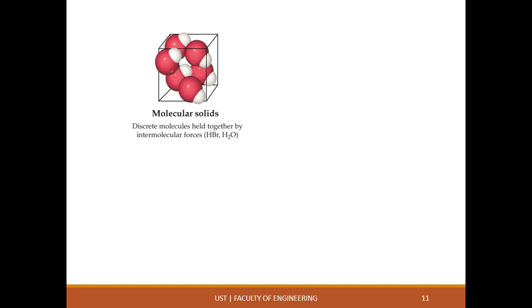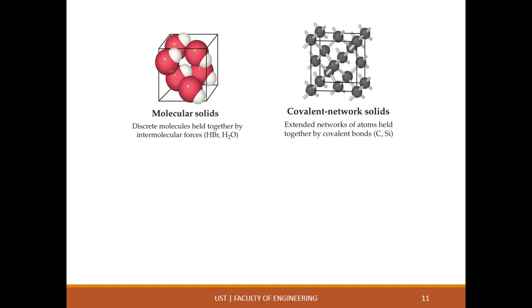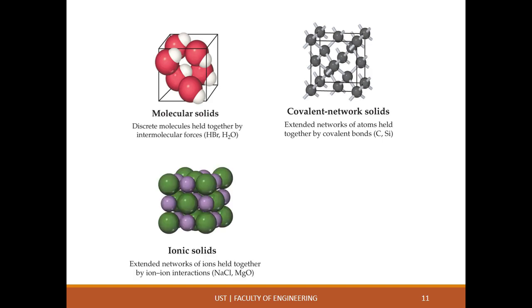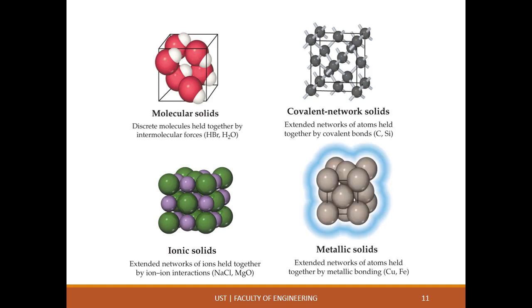For covalent solids, each atom in the crystal is covalently bonded to its neighboring atoms. In ionic solids, a network of alternating positively charged cations and negatively charged anions are held together by ion-ion interaction. For metallic solids, metallic cations are held together by metallic bonding, wherein the cations are surrounded by a sea of mobile valence electrons.